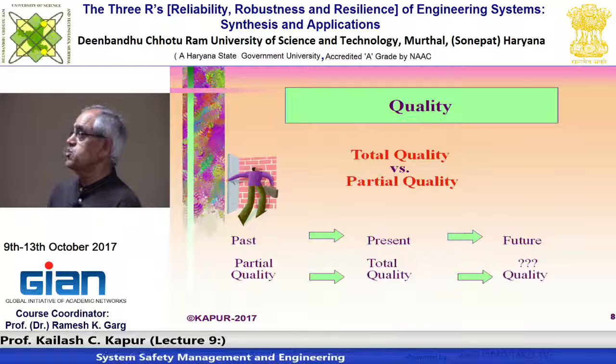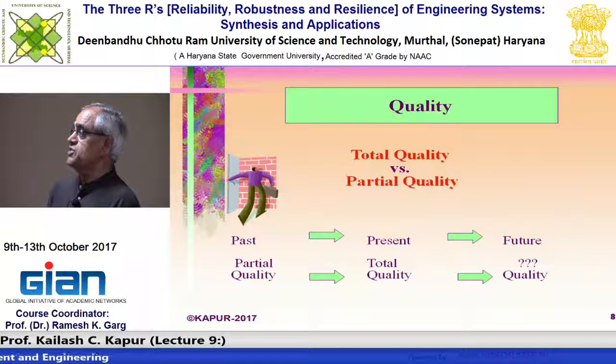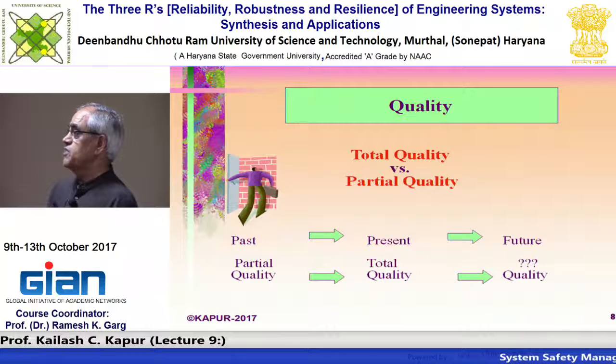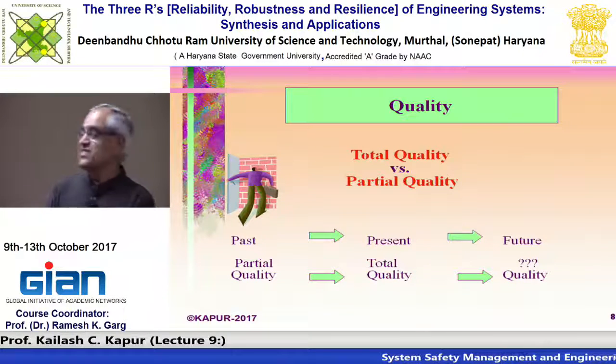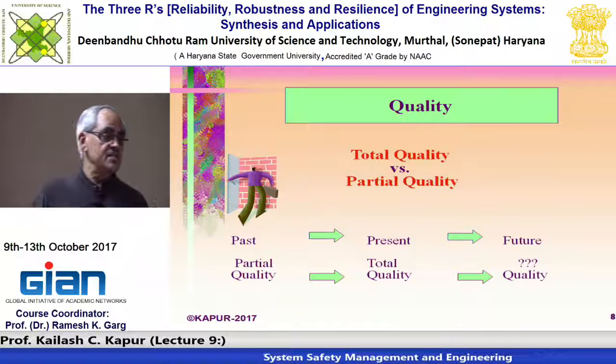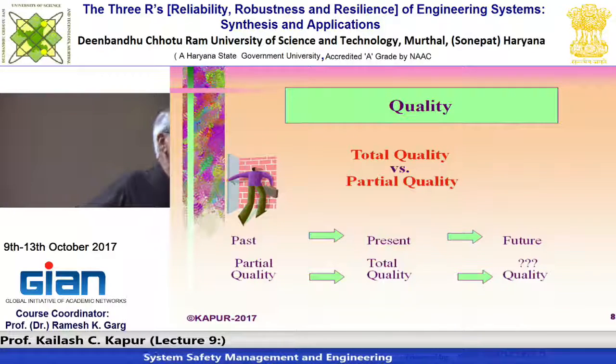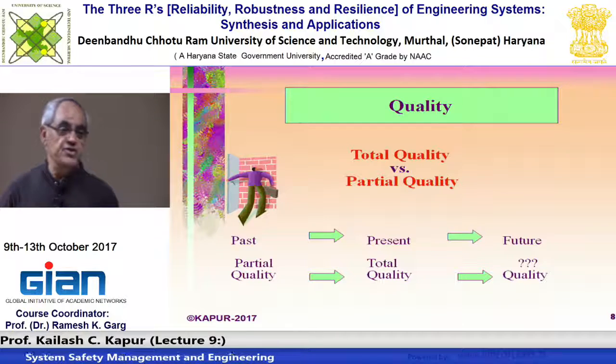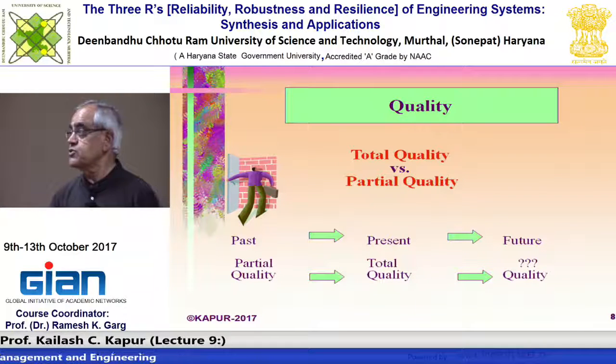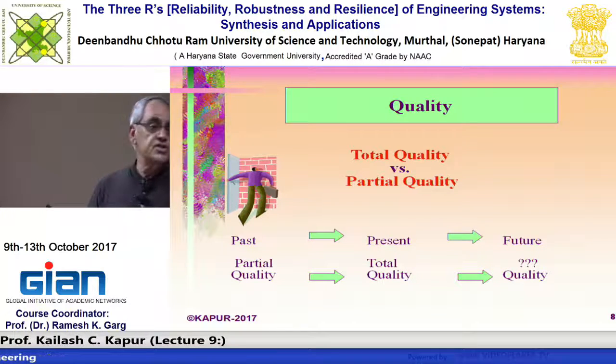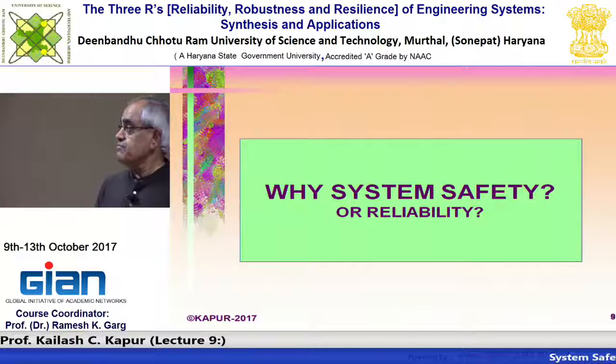We talked about total versus partial. In the past they taught you partial, today we teach you total. This total is an apology saying I made a mistake in the past and we didn't teach you well. But today we have a more systems approach.